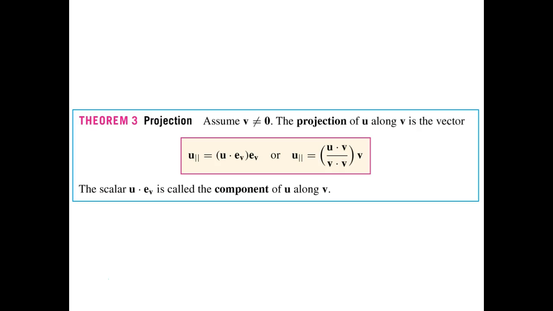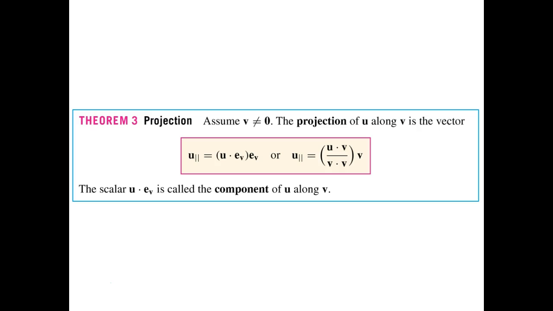Now, another way to express that is U dot V divided by V dot V. And that's multiplied by vector V, because this is a scalar quantity, because the dot product is a scalar. The quotient of two scalars is a scalar. Now, obviously, V can't be the zero vector, because you can't divide by zero, so we're already taking care of that.